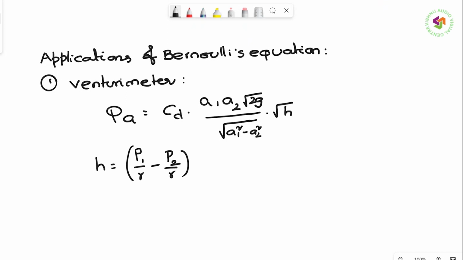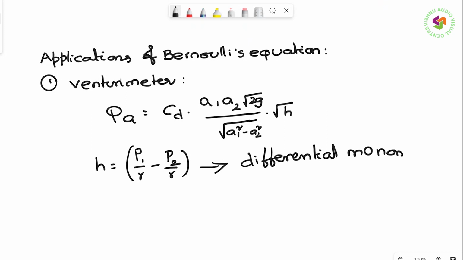So P1 is the pressure at inlet, P2 is the pressure at the throat. So knowing the pressures at inlet and throat, we can find out H.